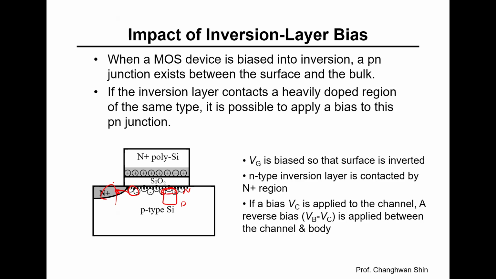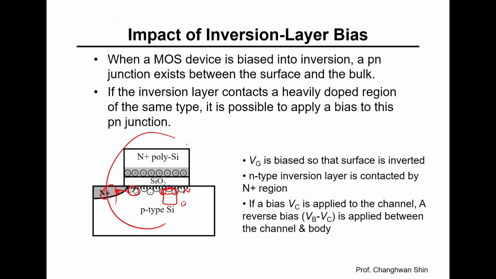Normally, the water and soil interact in a certain way, but if we could somehow change the properties of the soil from below, we would affect how the water flows above. That's conceptually similar to what happens when we apply a bias between the channel and body.